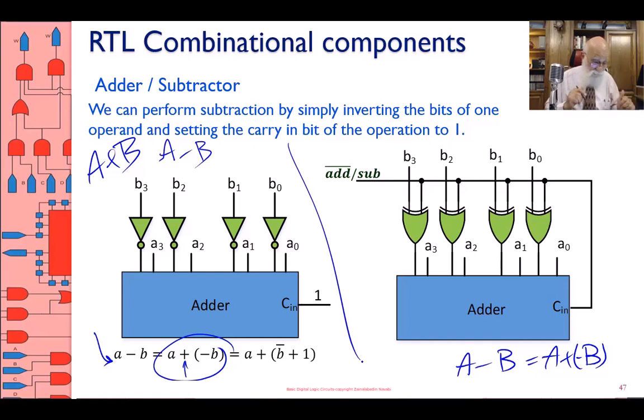Don't look at the right-hand side yet. If I want to perform A minus B, for example, which is this, I put A here, and then I complement B. That's this.